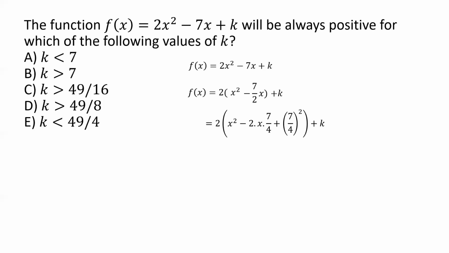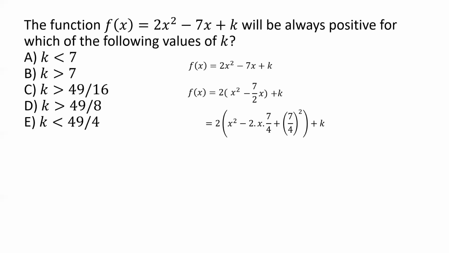And then remember, the form that we're trying to get within the parenthesis is a minus b whole square. So we have x squared minus 2 times x times 7 by 4. And we need that b squared term now.